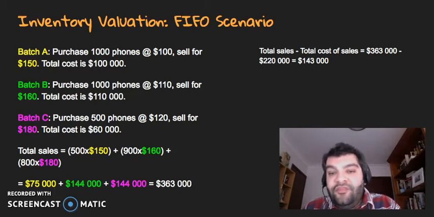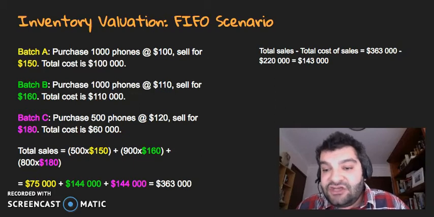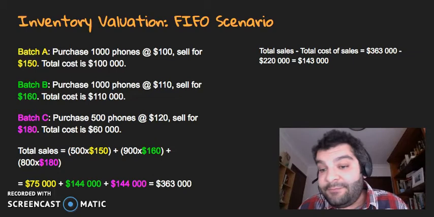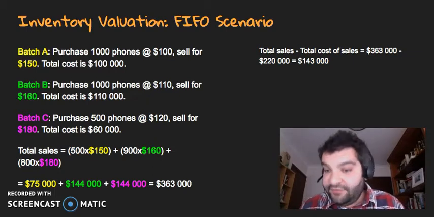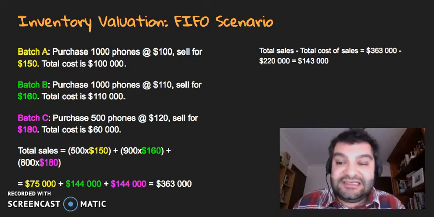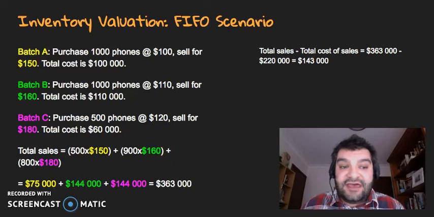So what this valuation system is showing us is that if you use FIFO, you've actually understated your costs because between January and March, it's actually gone up. So you're saying that your costs are lower than they really are, but it also means you're saying your gross profit is a lot higher. They've made $143,000 of gross profit.